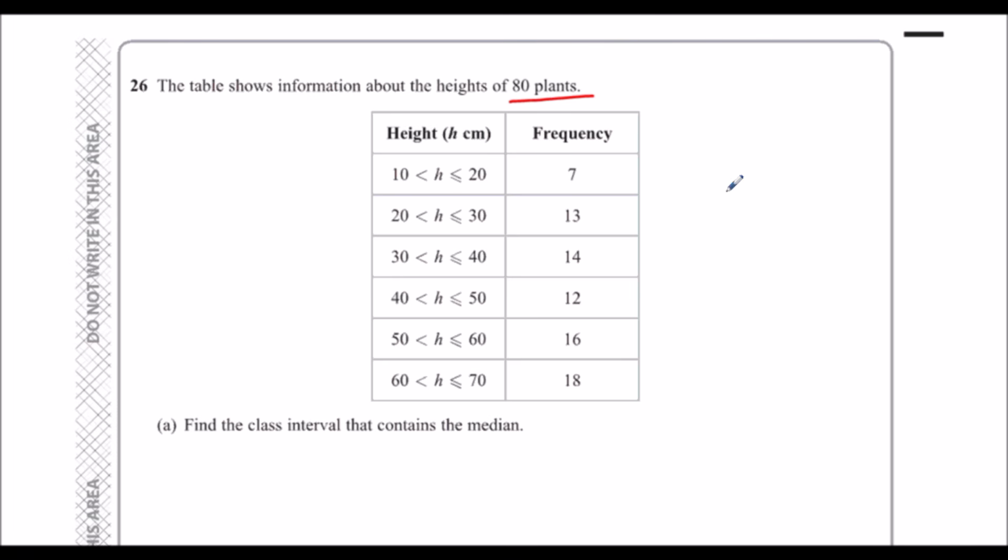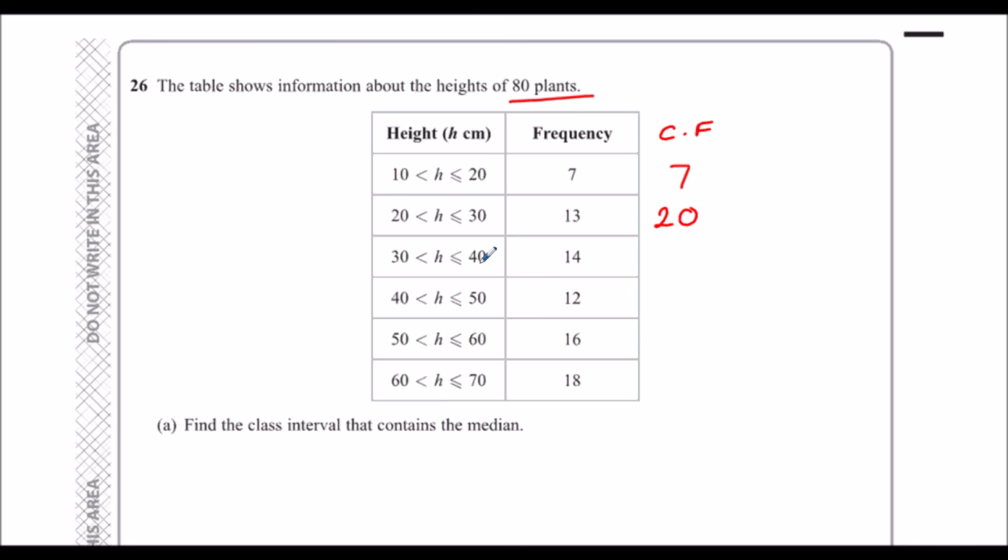So if we add a cumulative frequency column and add up as we go. Between 10 and 20 there are 7 plants. Up to 30 centimeters we're going to have 7 plus 13, which is 20.